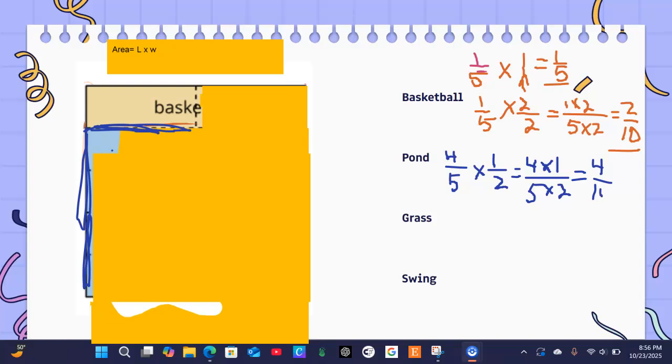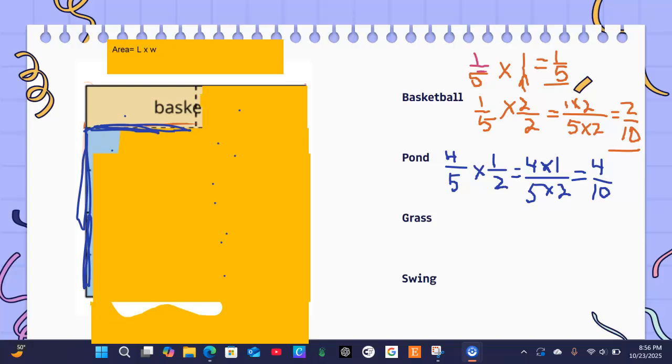Now let's double check our answers. As you can see here again, we have 4 pieces shaded for blue, and the total is 5, 6, 7, 8, 9, 10.